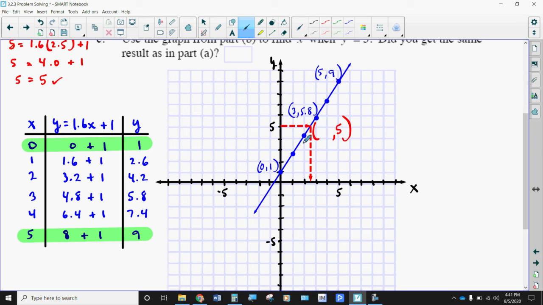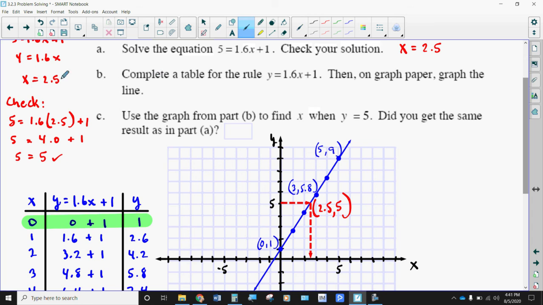What is x equal to? Well, x right there is halfway between 2 and 3, so that would be 2.5. So isn't that the solution that we got up here? It is. So, did you get the same result? The answer is yes, we got the same result.